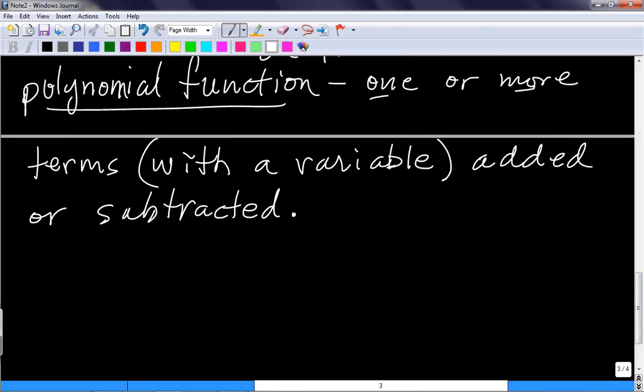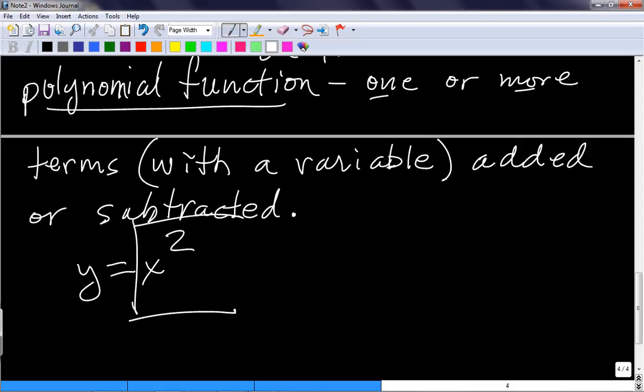Okay, so one or more terms. So y equals x squared. How many terms are in this? Just look at this half over here. How many terms are there over here? There's one. Now, maybe you're thinking, Mr. Maxwell, this is Foundations 30, and I never really did like algebra, and I don't even know what a term is. That's okay. Let me explain. If I need to back up, just let me know.